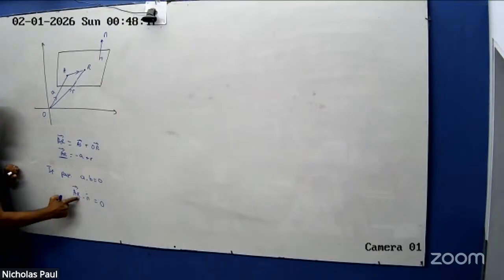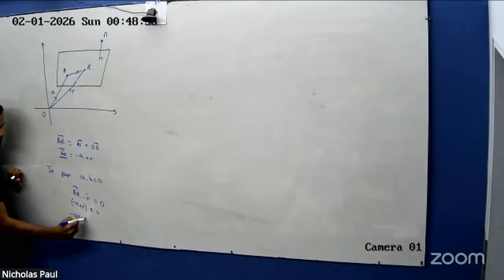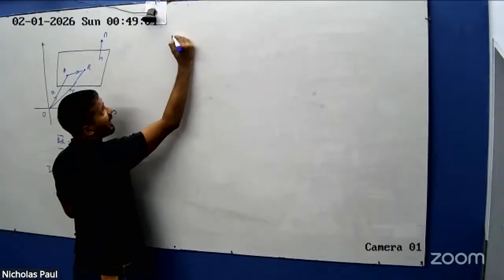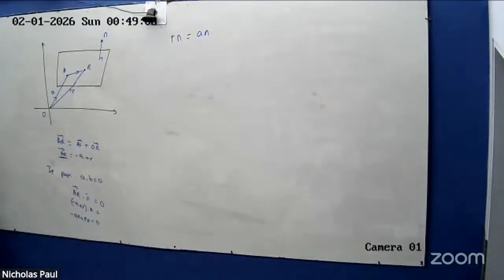AR is minus a plus r, dotted with n. If I multiply this out, I'll get minus a.n plus r.n is equal to 0. If I move it across, I'll get r.n is equal to a.n. What you have there is the vector equation of a plane.